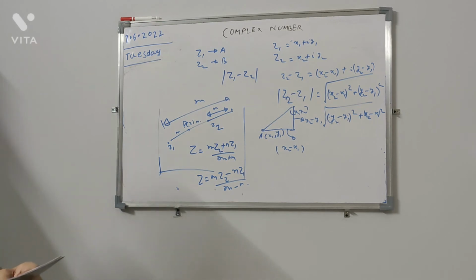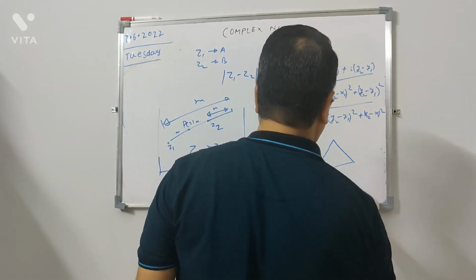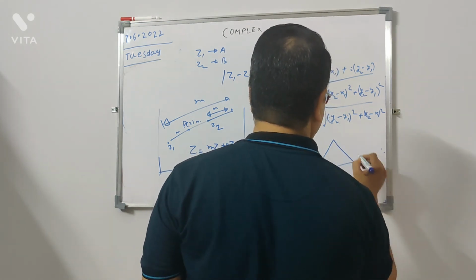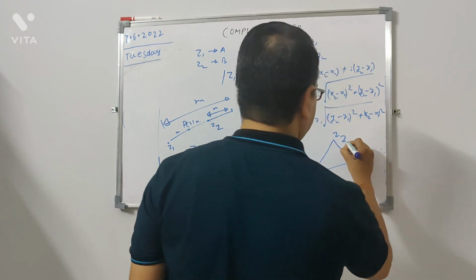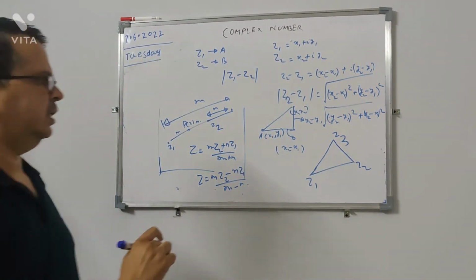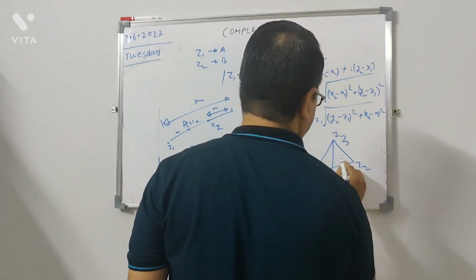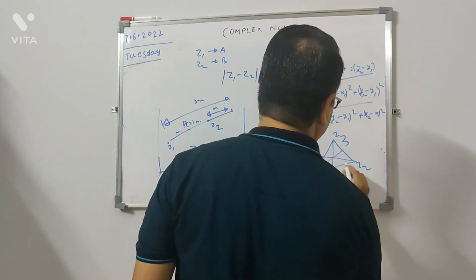Okay, and how to find the area of a triangle if its vertices are represented by z1, z2, z3. Let us say this is z1, this is z2, and this is z3. Let us say this is my CG.